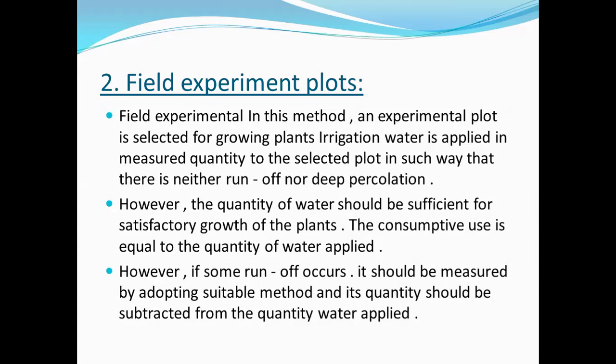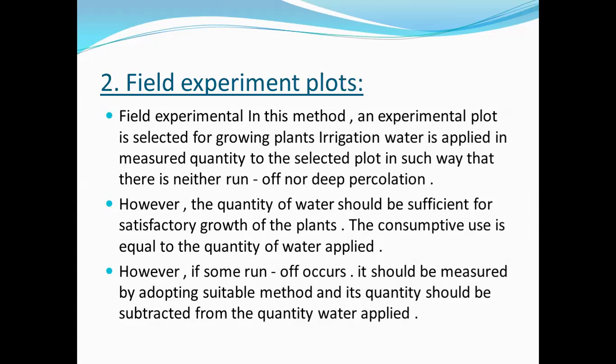So there is a difference between the lysimeter and tank method. And second, we learn about the field experiment plot, which is selected for growing plants. Irrigation water is applied in measured quantity to the selected plots, right? So that there is neither runoff nor deep percolation, whereas the quantity of water should be sufficient for satisfactory growth of the plants.